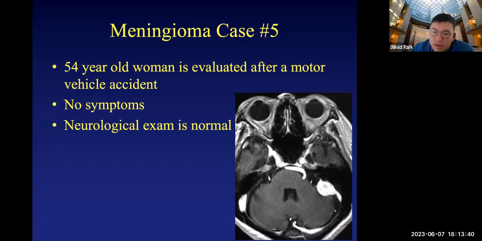So I think we can still safely observe. And the other options, either surgery or radiosurgery, are both feasible for this size and location of tumor. We don't really have to worry too much about adjacent structures here. And the surgical option is also very feasible. It's quite frequently used, a surgical corridor here.